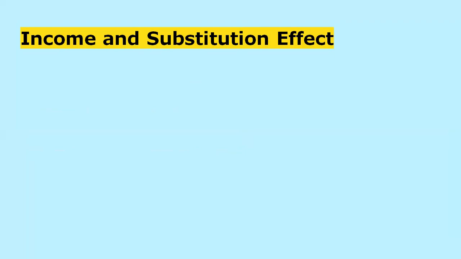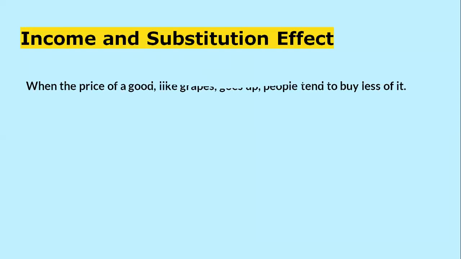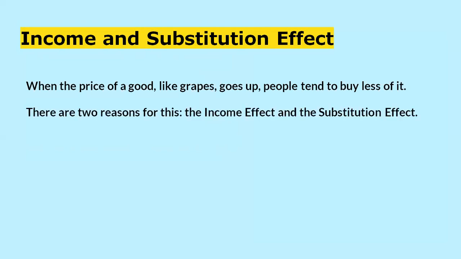Income and substitution effect. When the price of a good like grapes goes up, people tend to buy less of it. There are two reasons for this, the income effect and the substitution effect.